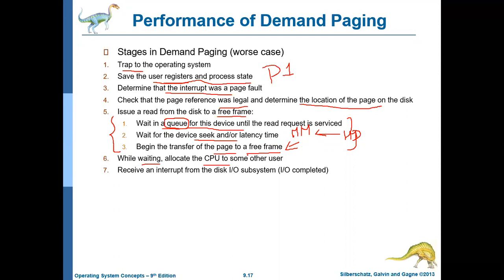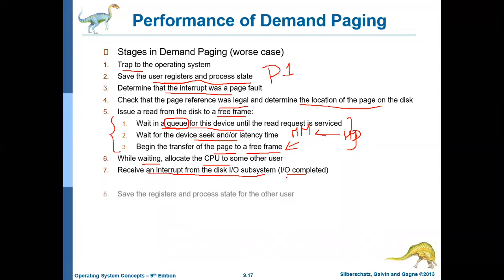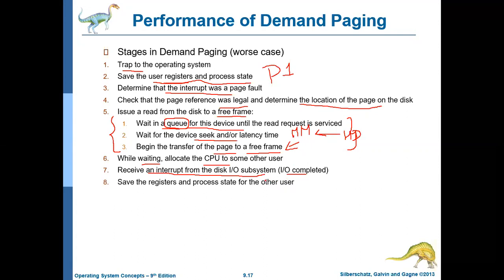Once this process is completed, once again an interrupt will be generated from the disk IO system, which states that the IO you previously initiated to move the frame from the hard disk to the main memory is now completed. Meanwhile, if the CPU is executing some other process, because during this IO the CPU is waiting, then save the register and process state of that particular process.